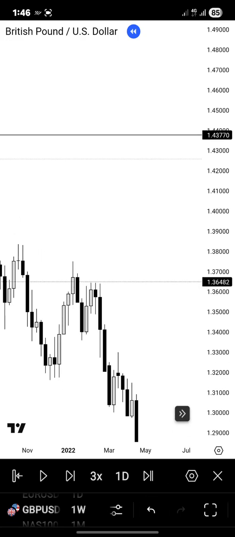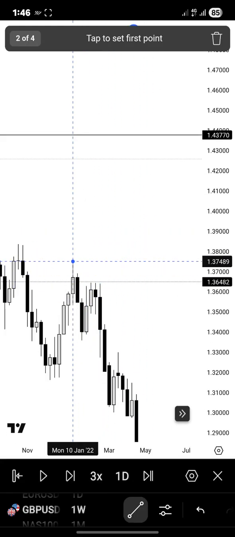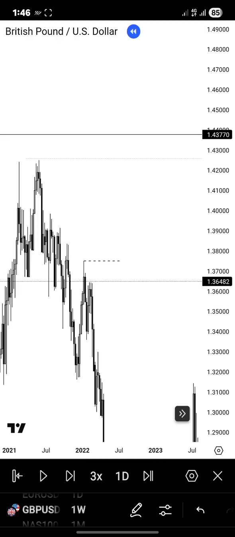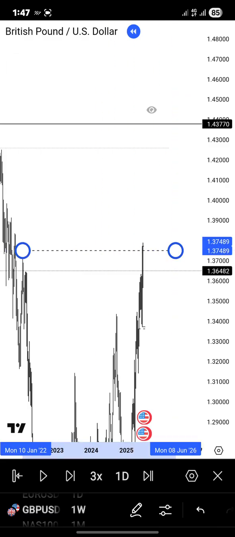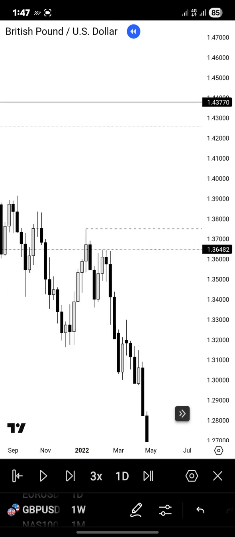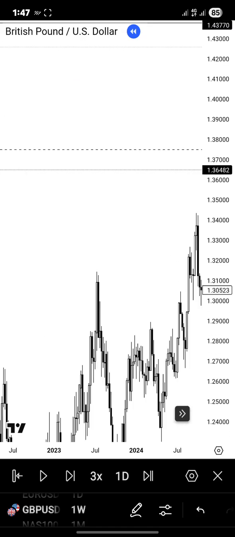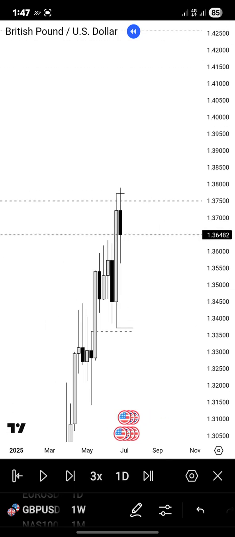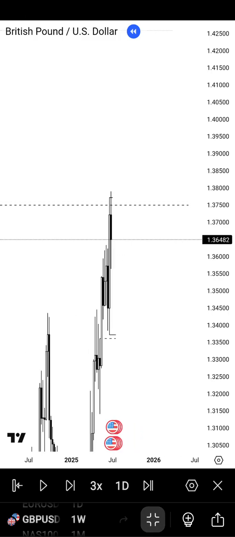We just took out this high, and this high is from January, right? This is a 6 months high, and as we all know by now, highs and lows are key levels. So with that in mind, we have a clear defined key level.